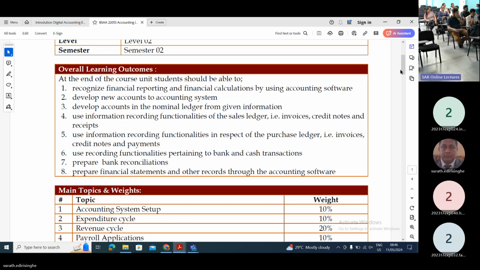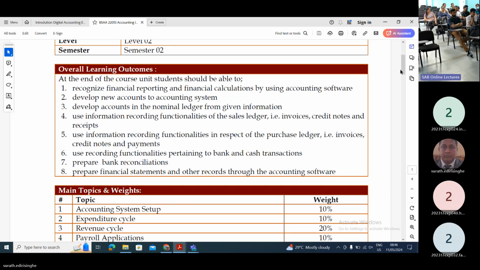Second one, tell me. Look at that. Only online students are answering the question. Second one, financial position statement. Third one, changes in cash flow statement. Fourth one, changes in equity statement.